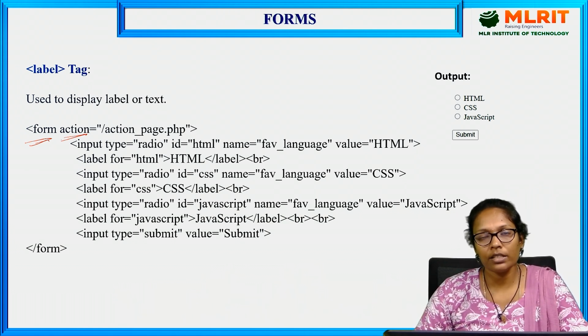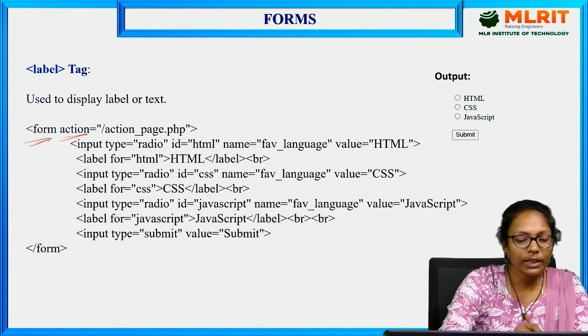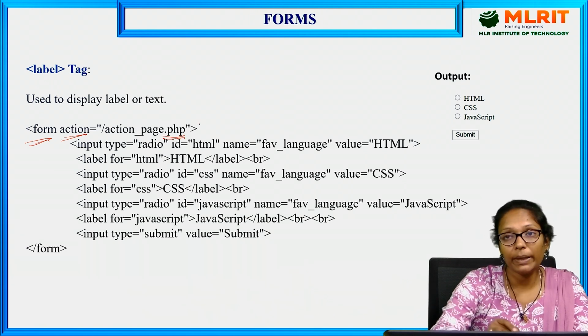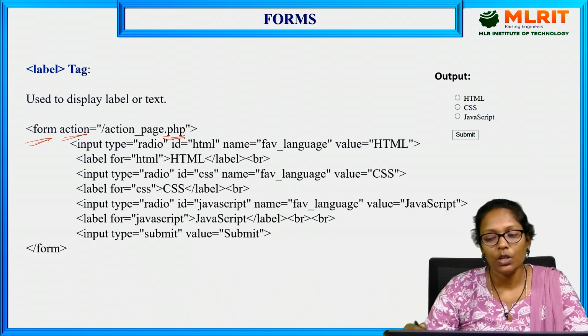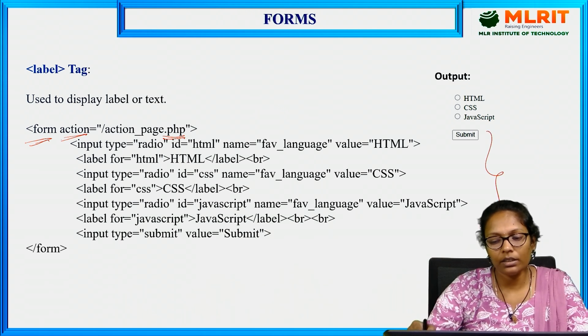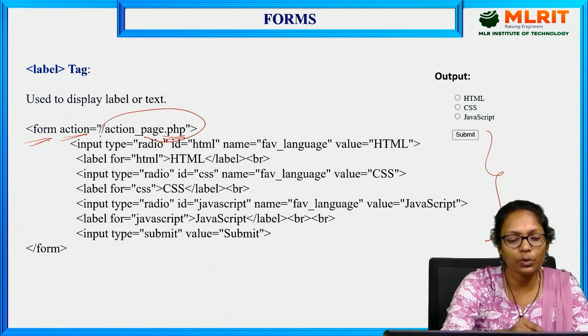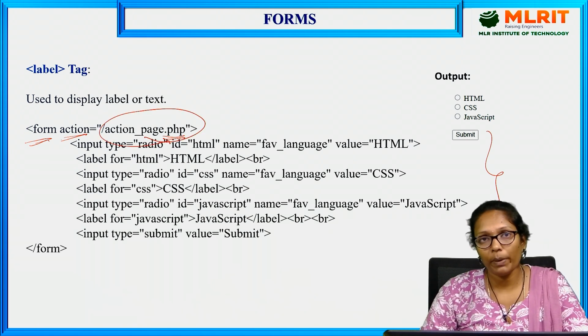Generally in the action attribute, we write the server-side programming page. Here I'm writing the action page as a PHP page. PHP is one of the backend programming languages. So whatever data you write here will be submitted to action_page.php, a backend page. That backend program will check whether your data is valid or not. It will verify your application.